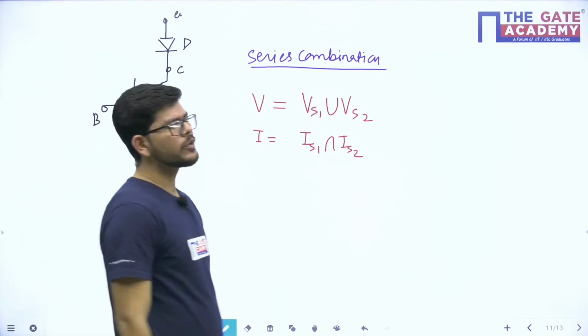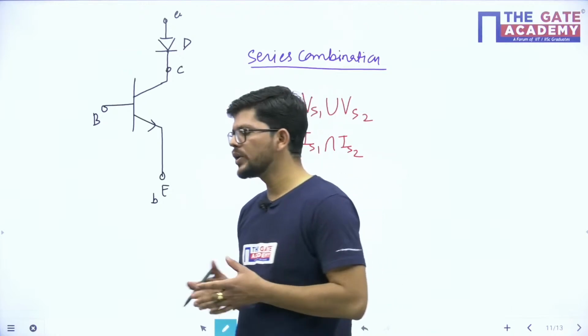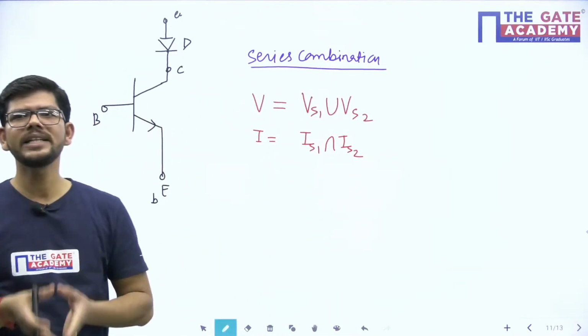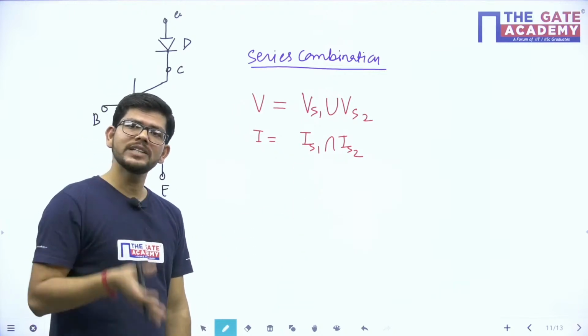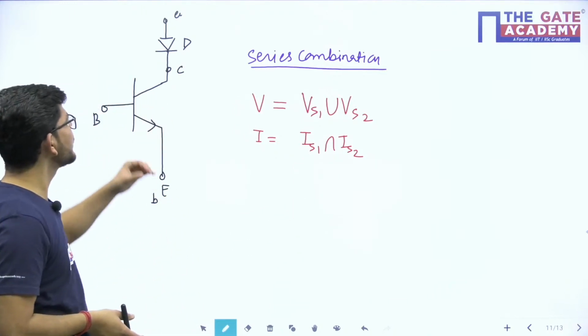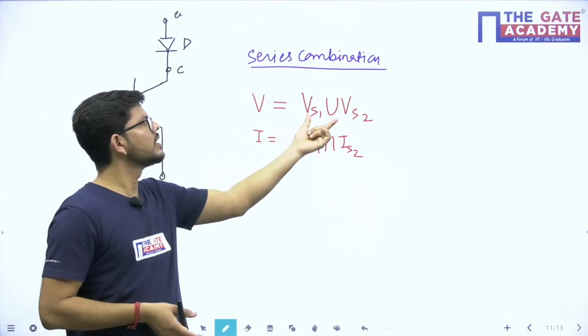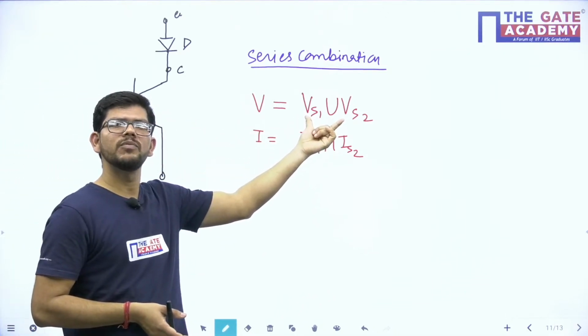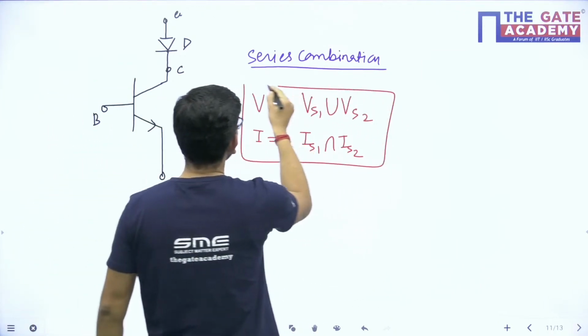Because if you have two switches connected in series, you know that the current is the same, so that is why you have to take the intersection of current. But in series combination, different devices will have different blocking voltages, so we have to take the union of this voltage to get the composite switch dimensions or safe operating area.